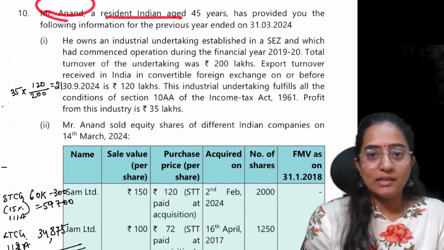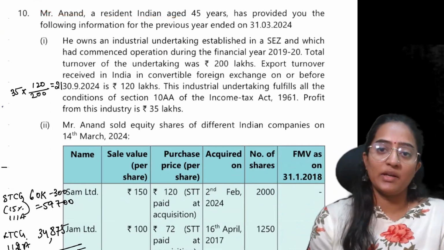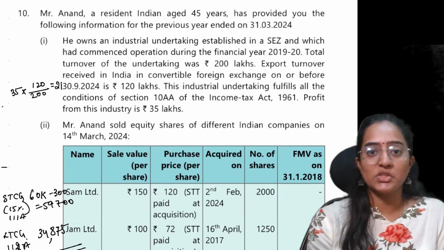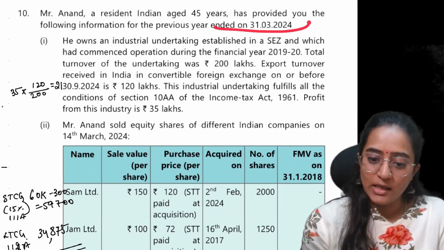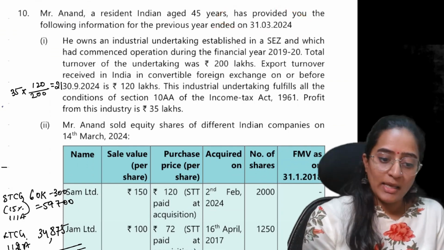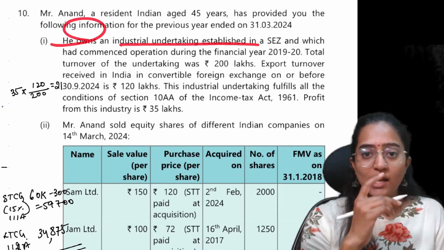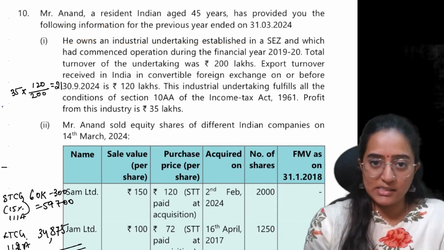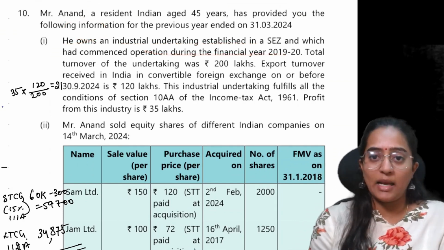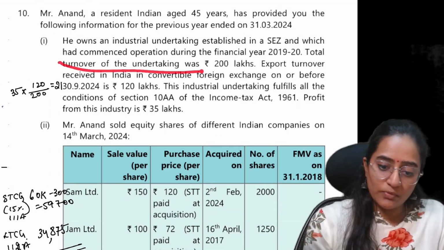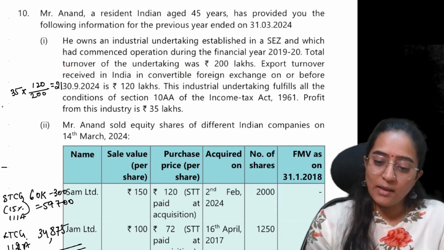Mr. Anand, a resident Indian citizen aged 45 years, has provided you the following information for the PY 2023-24, the previous year ended 31st March 2024. He owns an industrial undertaking established in an SEZ, which had commenced operation during the financial year 2019-20. Total turnover of the undertaking was 200 lakh.